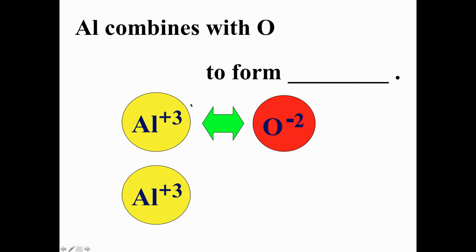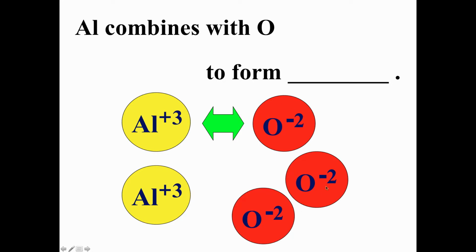What nature does is have 2 aluminum ions, so +3 + 3 gives you a total of +6 charge, and then that balances off 1, 2, 3 -2 charged oxide ions, so 3 times -2 is -6, and -6 and +6 adds up to 0, so the formula for this compound is 2 Al's for 3 O's, or Al2O3.